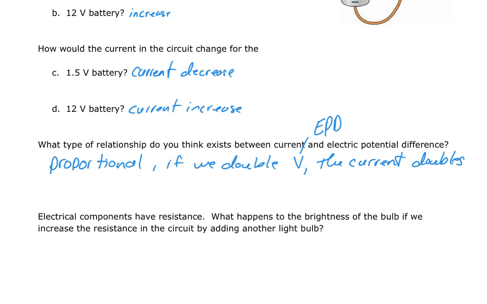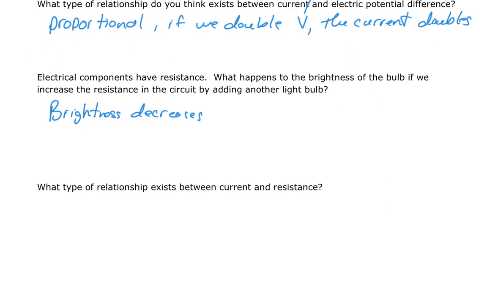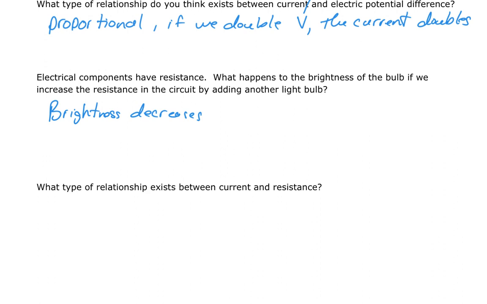Now, we also talked earlier about how electrical components have resistance. We saw that when we added resistors or light bulbs to the circuit, the resistance would increase and thereby the current would decrease, so the brightness decreases. If we increase the resistance in a circuit, the brightness decreases, and we saw this in the demos we did in the notes the other day.